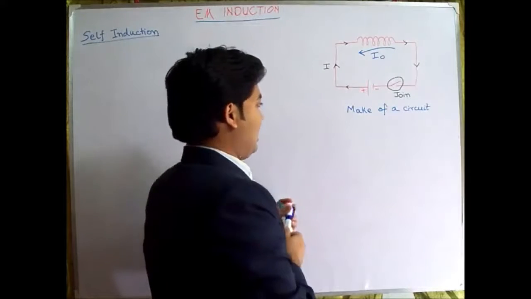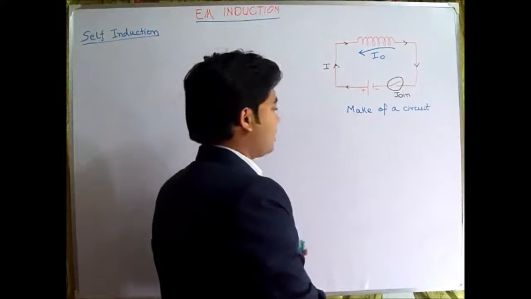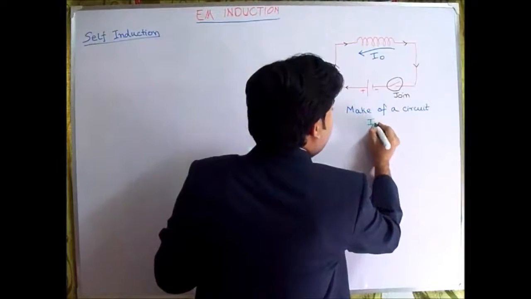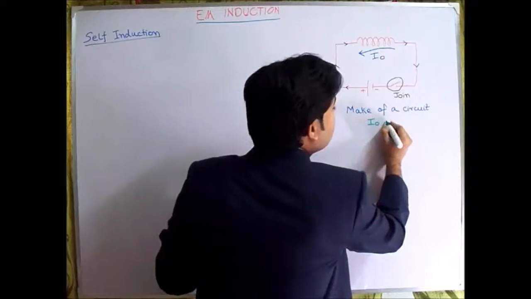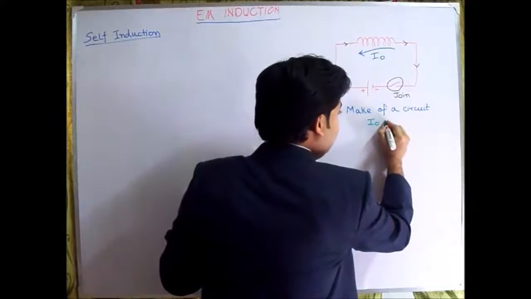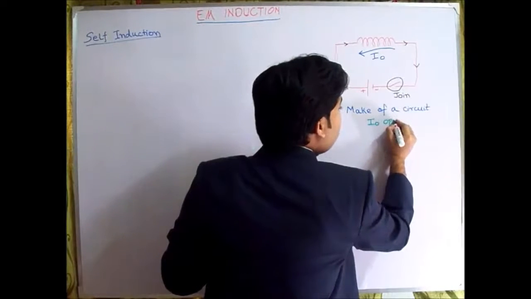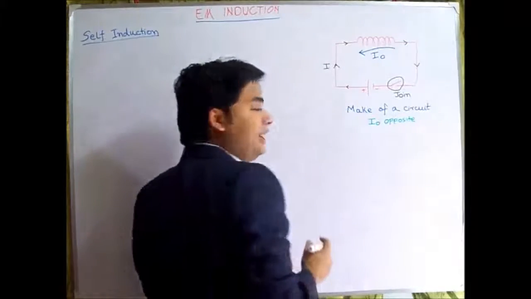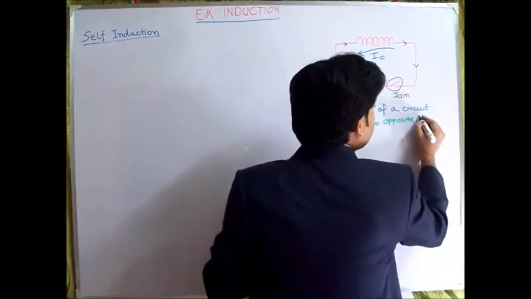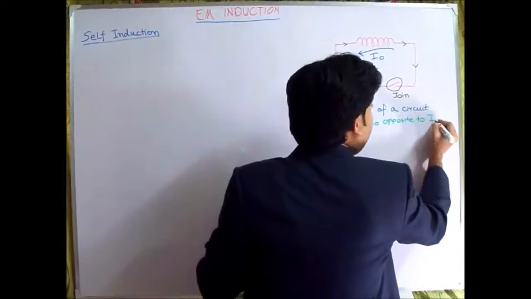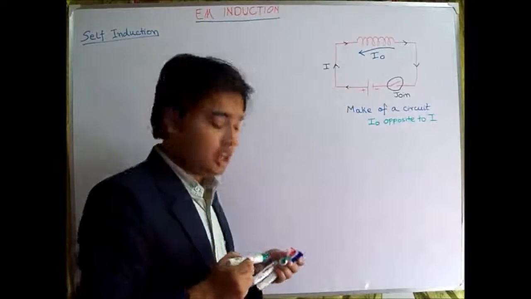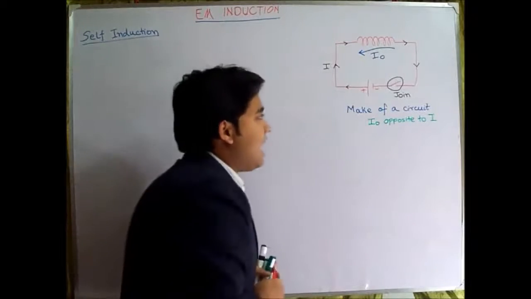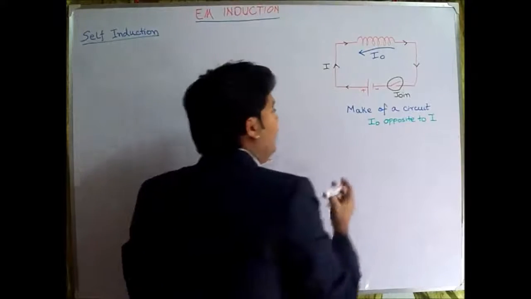So in the case of the make of a circuit, IO will be in the opposite direction, or IO is opposite to I.